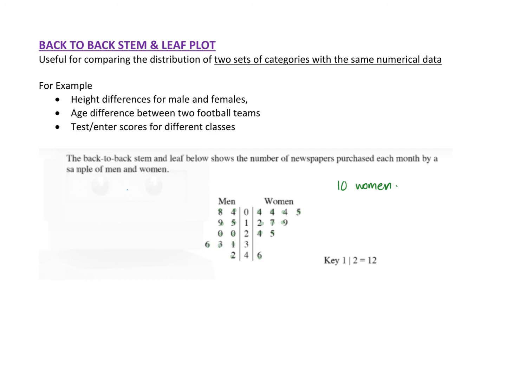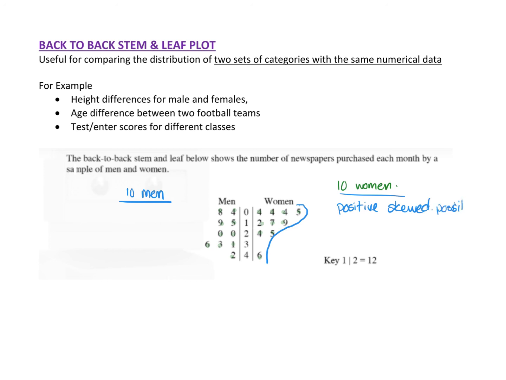So there were also 10 men, but they might not be the same all the time. They might have different amounts of people who were surveyed. When we talk about the shape, if you look at the women's shape, we would say it's most likely positive skewed, maybe with an outlier. We'll just say positive skewed, possible outlier.